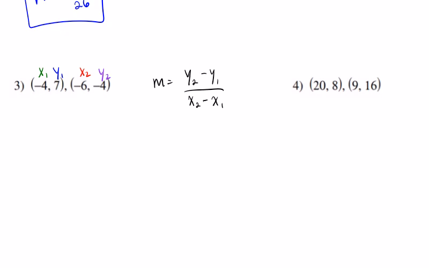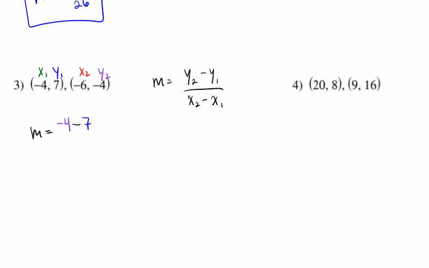And so we're just going to plug them into this formula here. So m equals, and then we have y2 on top. So I'm going to put -4 minus, and then y1 is 7. So I'm just going to put 7 in there, right?